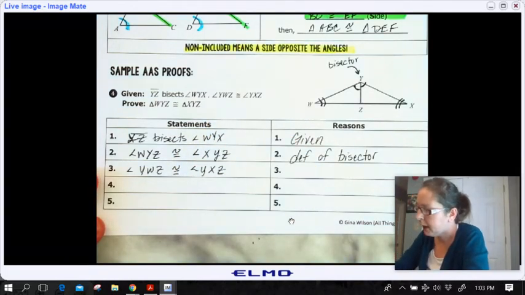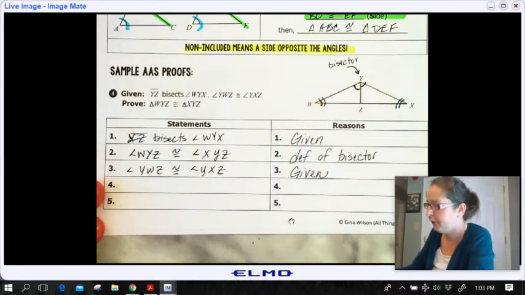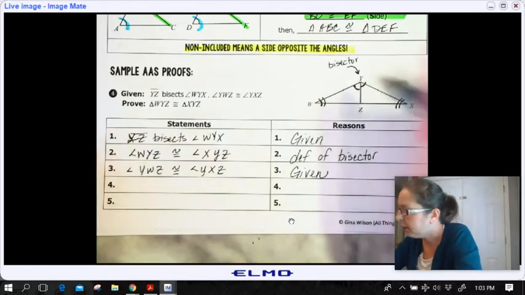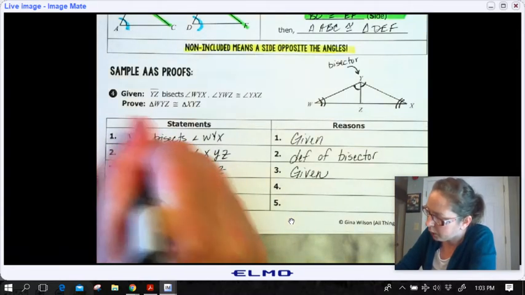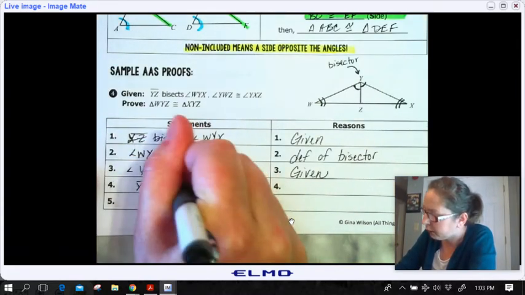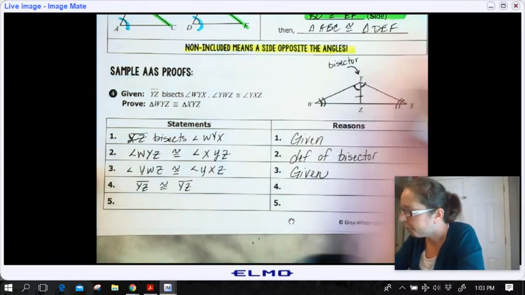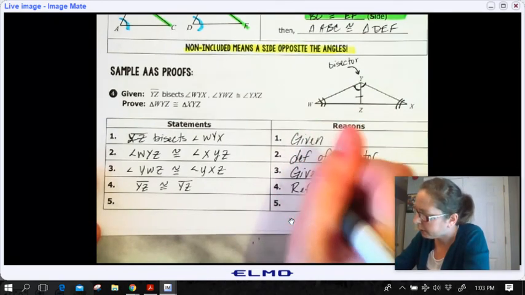And I know this because it was given to me. There's one more piece of information that I can decide just by looking at this, and that is that YZ is congruent to itself. This side right here. And that is because of the reflexive property.